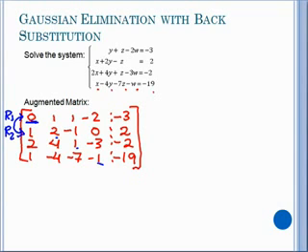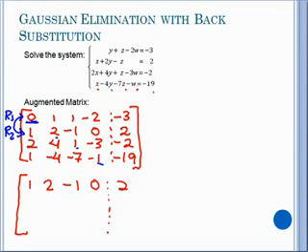So our new matrix now looks like 1, 2, negative 1, 0, 2, and we replace row 2 with row 1. And the last 2 rows just stay the same.